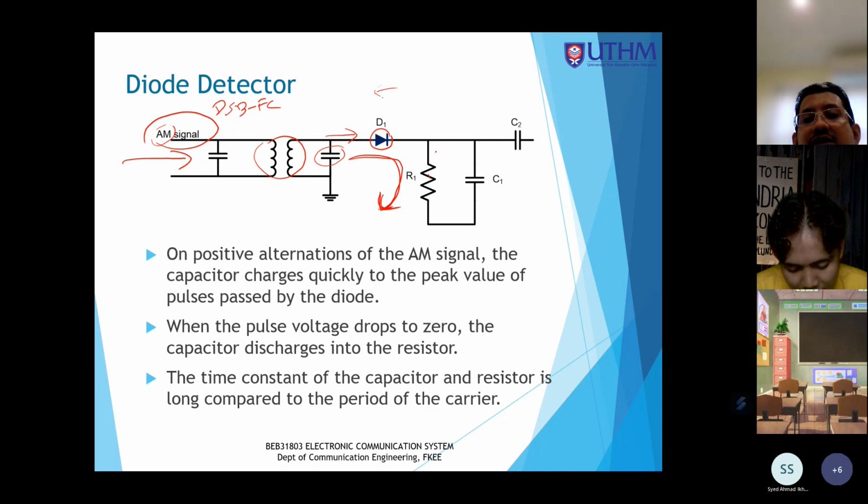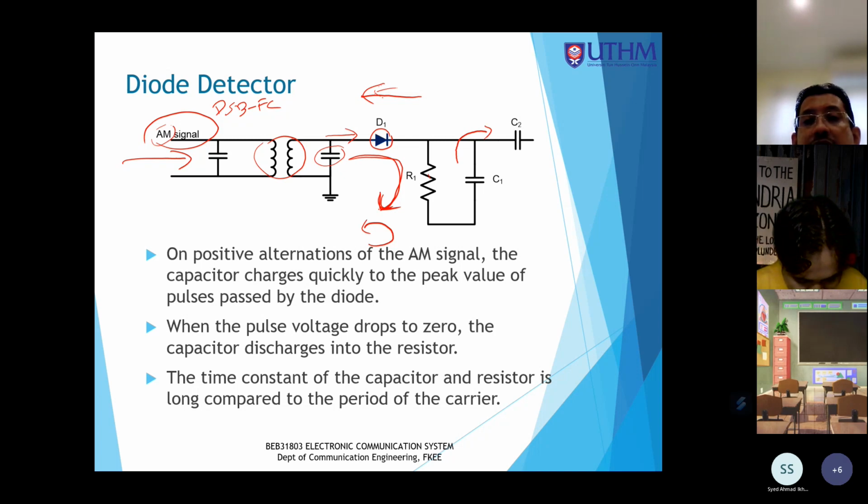So RC tank circuit will charging at this time, and when the polarity change, okay, apabila bertukar polarity, current tidak boleh mengalir pada arah ini, reverse bias. So the diode will switch off, and at this time the RC tank circuit will discharge. Okay, so konsepnya lebih kurang sama seperti tank circuit yang kita lihat dalam modulator sebelum ini.